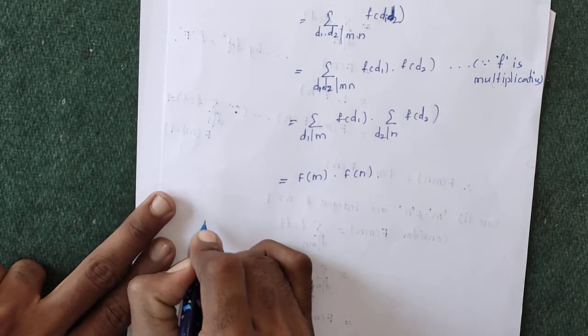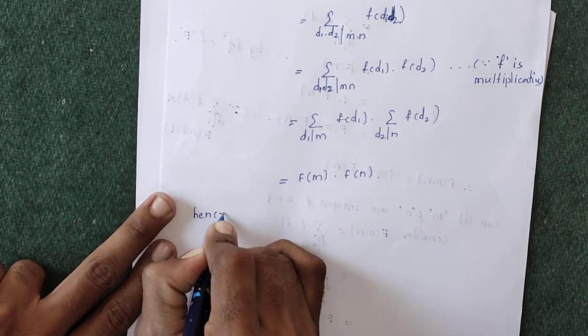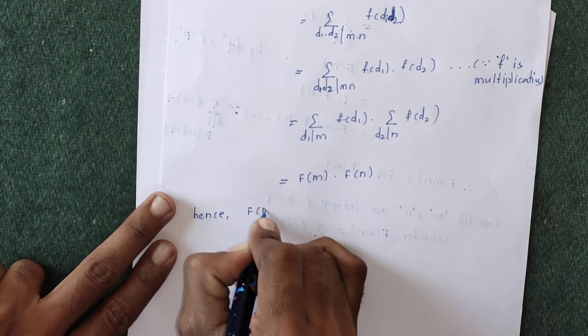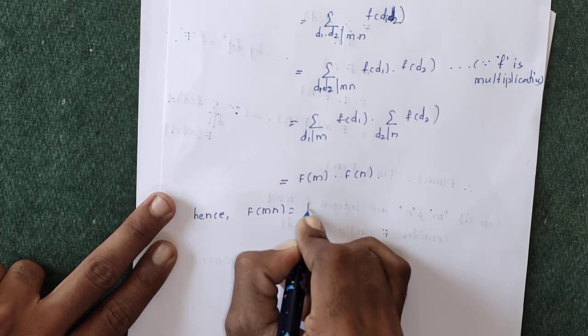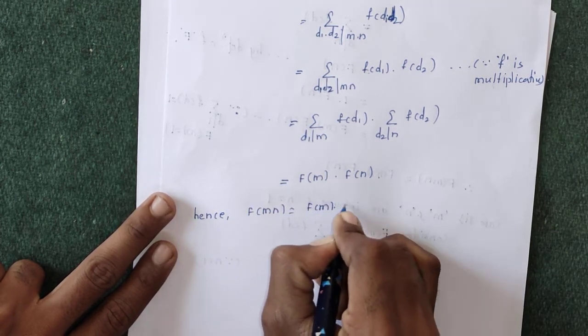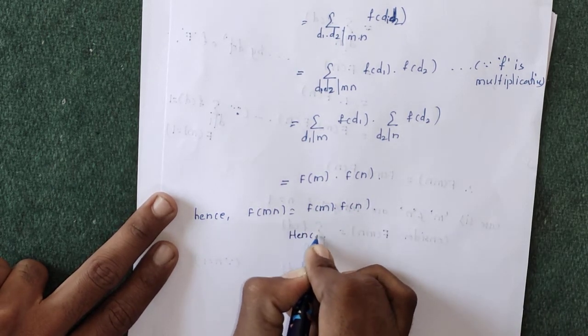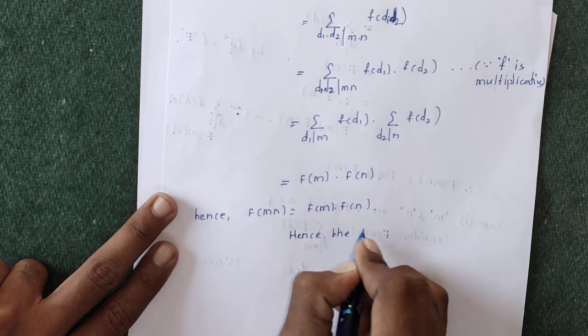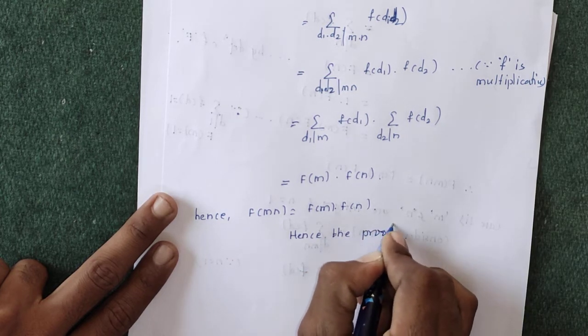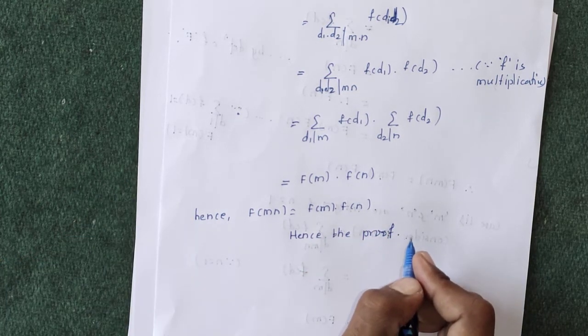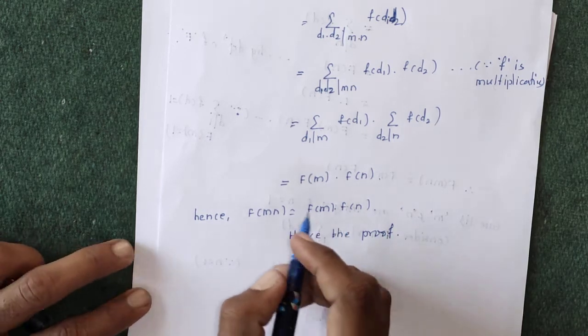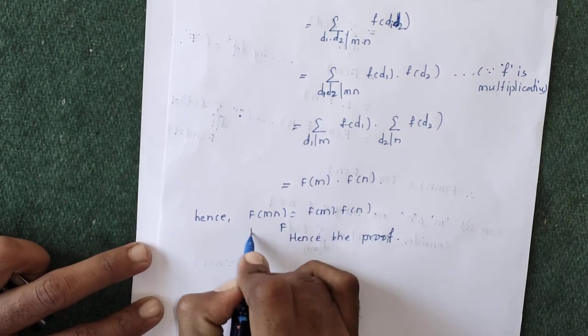Hence we have F of mn is equal to F of m into F of n. Hence the proof. So that is, our F is multiplicative.